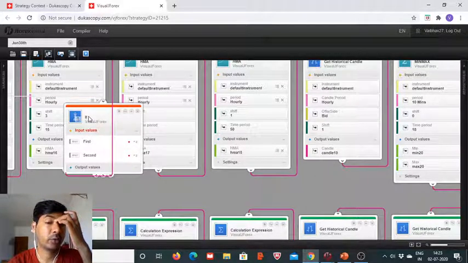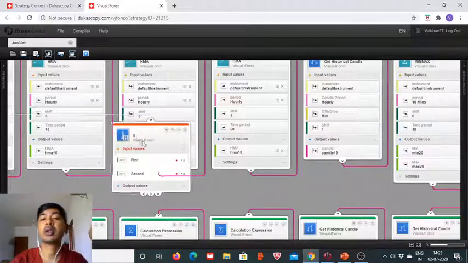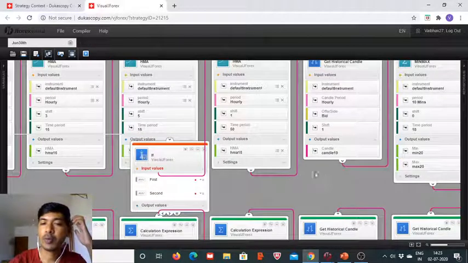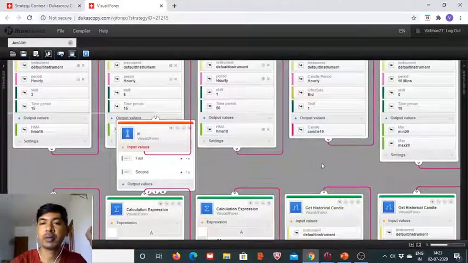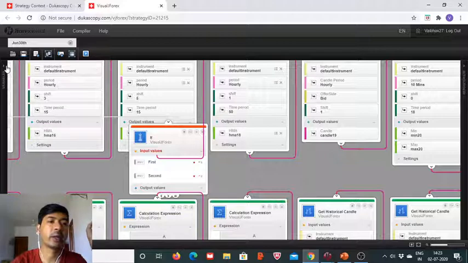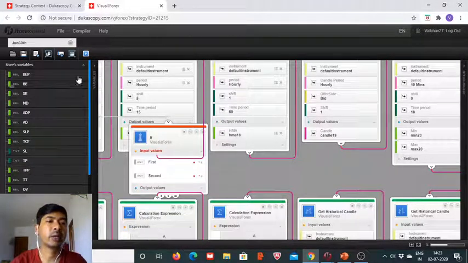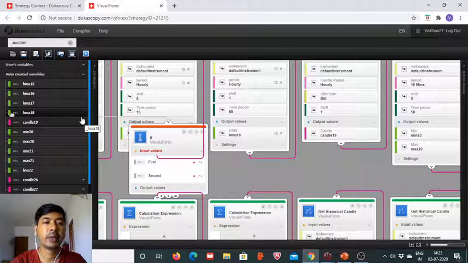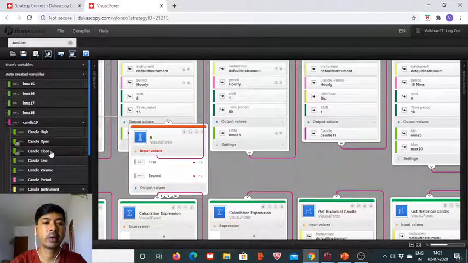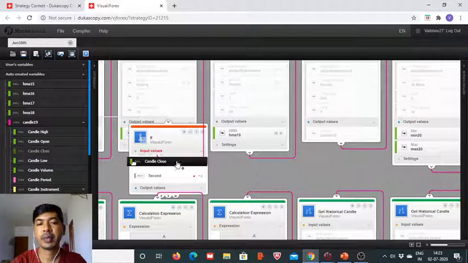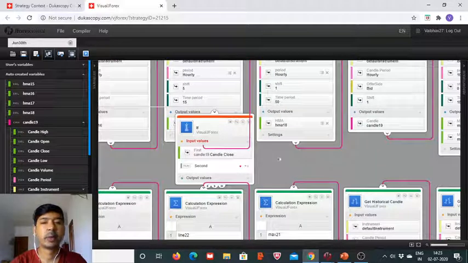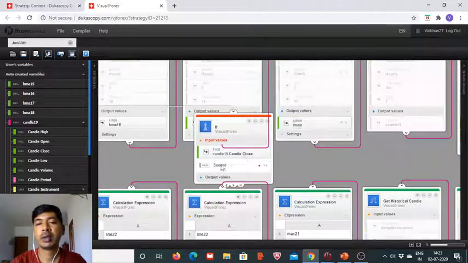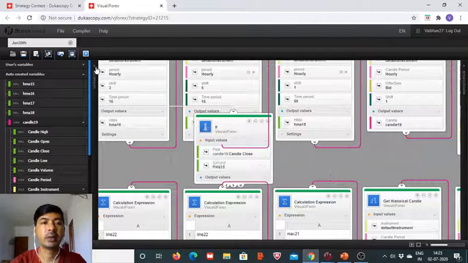So we have to see if last hour's closing level was below the HMA 18. So for that matter, we have to look at the candle 19's closing level, auto created variable. Candle 19, its closing level, it should be below HMA 18.